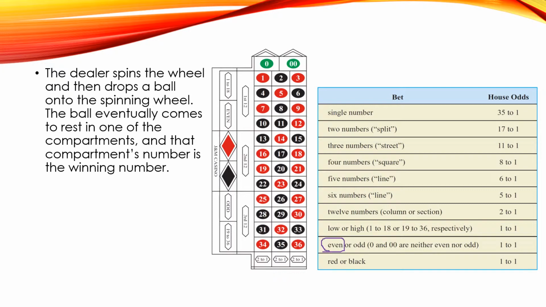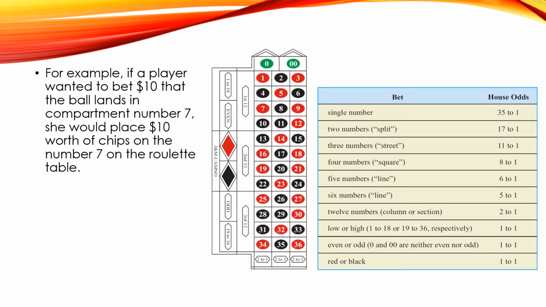Then you win, because 36 is an even number. So the dealer will look and they'll determine all the characteristics of the number, if it's low or high, if it's red or black, if it's in the first 18 or the last 18, and then they will determine who the winners are.